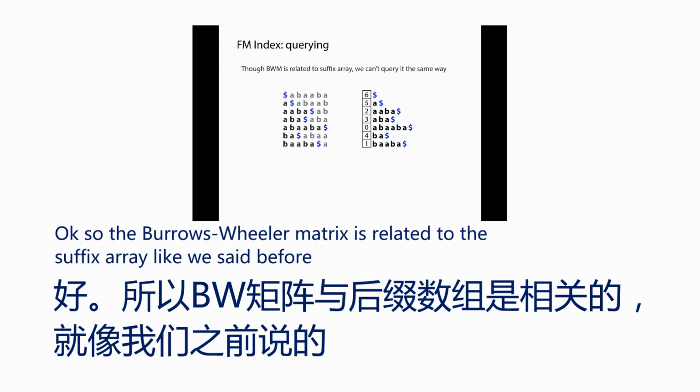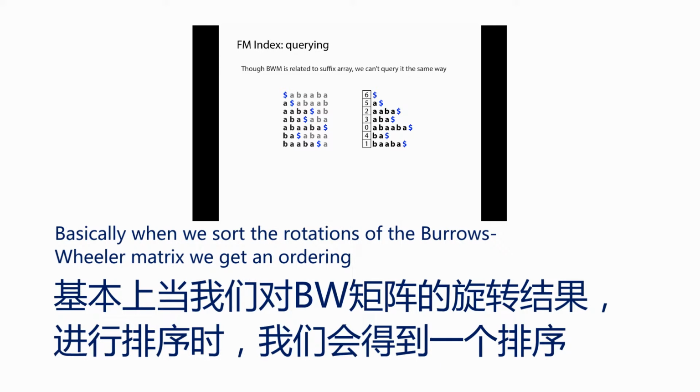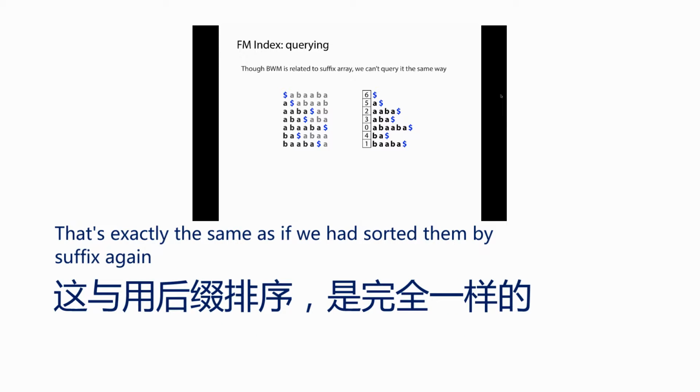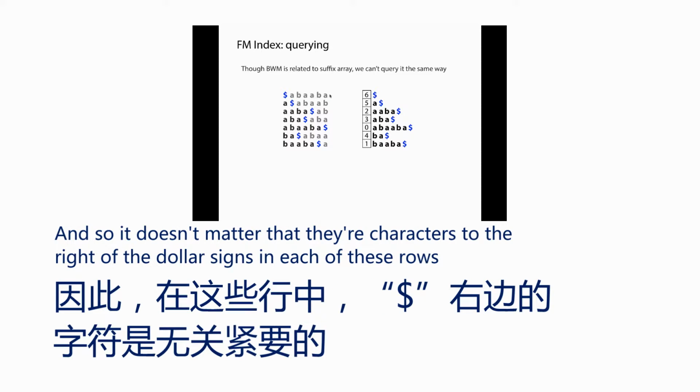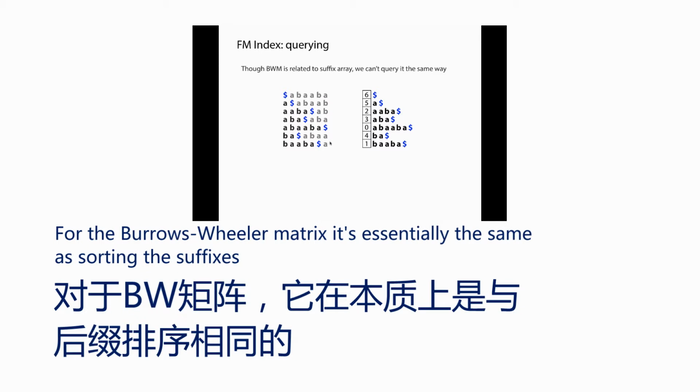Okay, so the Burrows-Wheeler matrix is related to the suffix array, like we said before. Basically, when we sort the rotations of the Burrows-Wheeler matrix, we get an ordering that's exactly the same as if we had sorted them by suffix. Again, because once you hit a $ sign, the tie is broken, and so it doesn't matter that there are characters to the right of the $ signs in each of these rows of the Burrows-Wheeler matrix.